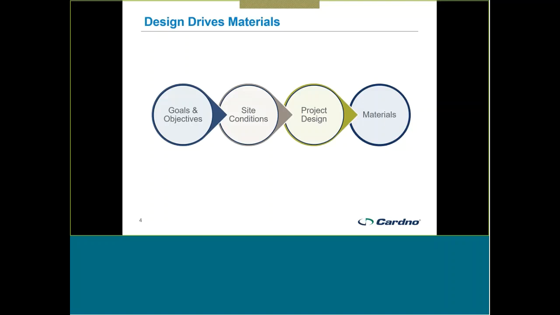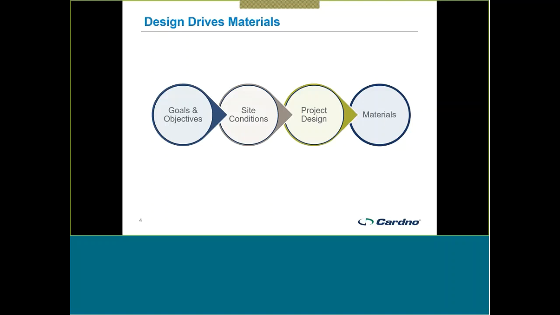And then, as Jesse talked about, understanding our site conditions is key. We need to understand what we want to do. If we want to fix something, why is it broken or in need of fixing? So our site conditions help us understand that. And then that really feeds into our project design, whether it's conceptual or you go along that progression in more and more refinement to a detailed design.